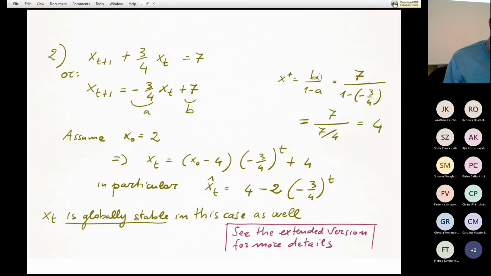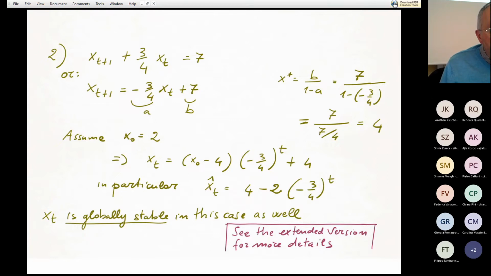What is our steady state? B over 1 minus A, 7 over 1 minus 3 over 4, which is 4. If, for instance, x0 is equal to 2, the solution formula is x0 minus x star, which is minus 2, times A to the power of t, A is minus 3 over 4, plus x star. So this is the solution formula, okay?